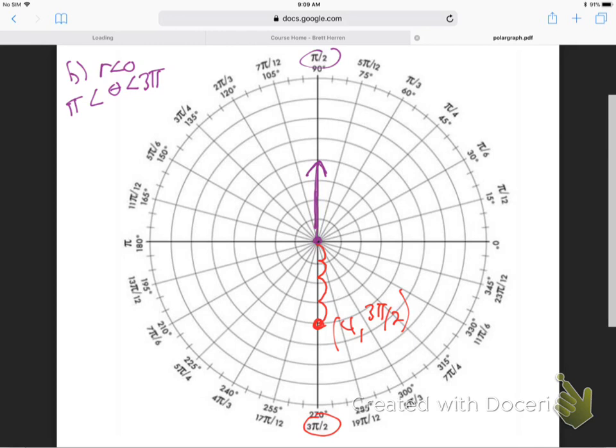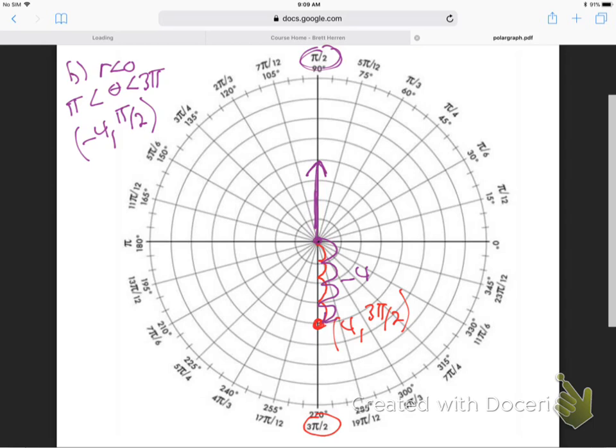Does that make sense? So the answer to part B would be: I want to go -4, backfire 4, aiming straight up at pi over 2. So aim straight up at pi over 2, but then backfire 1, 2, 3, 4. -4, backfire 4 on that.